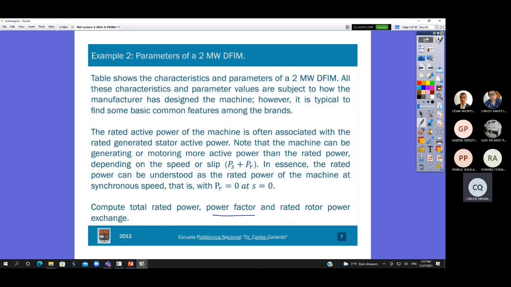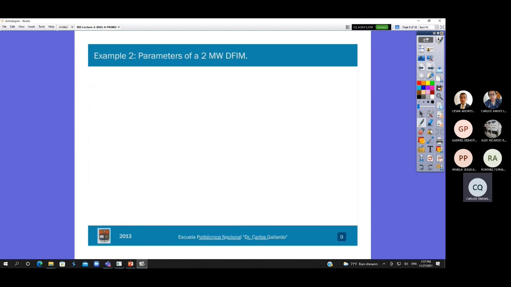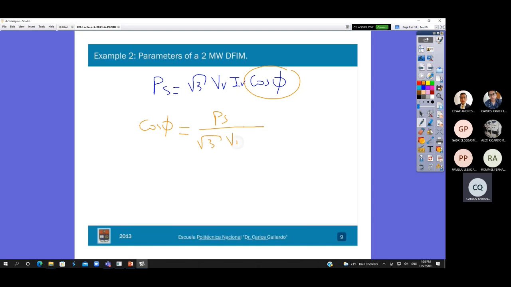The second question is to compute the power factor. By definition, the stator active power is equal to the square root of 3 times the rated voltage times the rated current times the power factor. From this equation, isolating the power factor, I will have the stator active power over the square root of 3 times the stator voltage times the stator current.